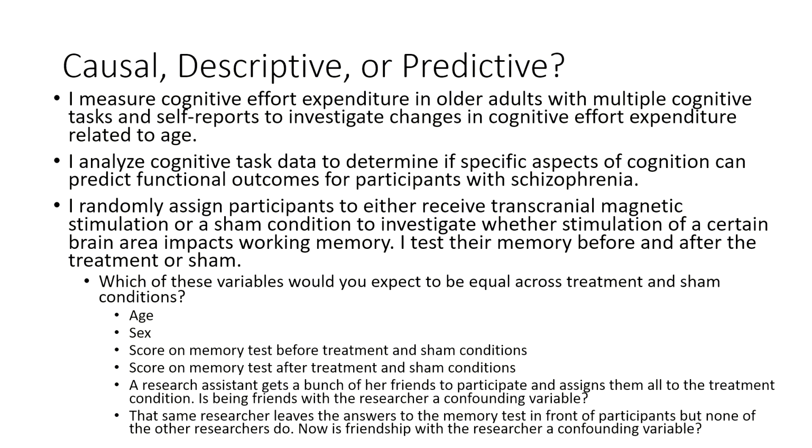And to take this even into the realm of confounding variables, we could say that a research assistant has a bunch of friends and has assigned them all to the treatment condition. Is being friends with the researcher a confounding variable?